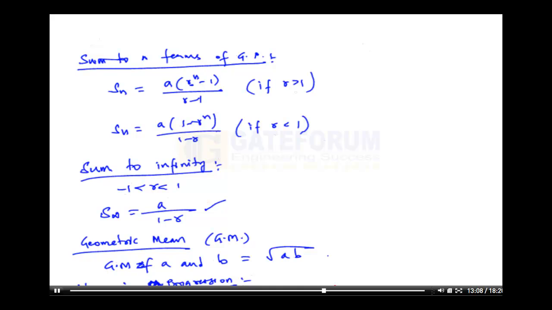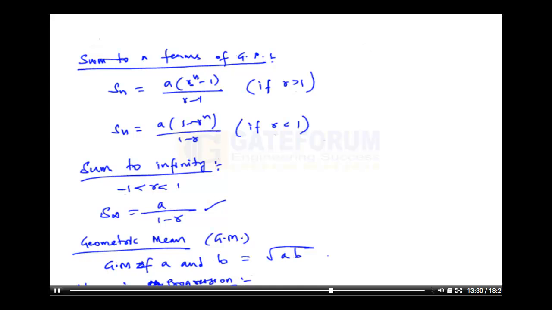Definitely this is in AP. Now just take the reciprocals of these numbers: 1 by 2, 1 by 5, 1 by 8, 1 by 11, and so on. This is in HP now. Therefore, HP is very simple. Take the numbers which are in AP and take the reciprocals, then the resultant numbers will be in HP.